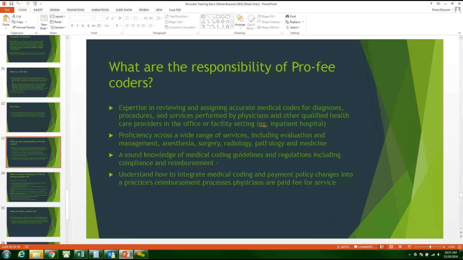Efficiency across the wide range of services, including evaluation and management, anesthesia, surgery, radiology, pathology, and medicine. A sound knowledge of medical coding guidelines and regulations, including compliance and reimbursement, is required. Understand how to integrate medical coding and payment policy changes into a practice's reimbursement processes. Physicians are paid fee for service.